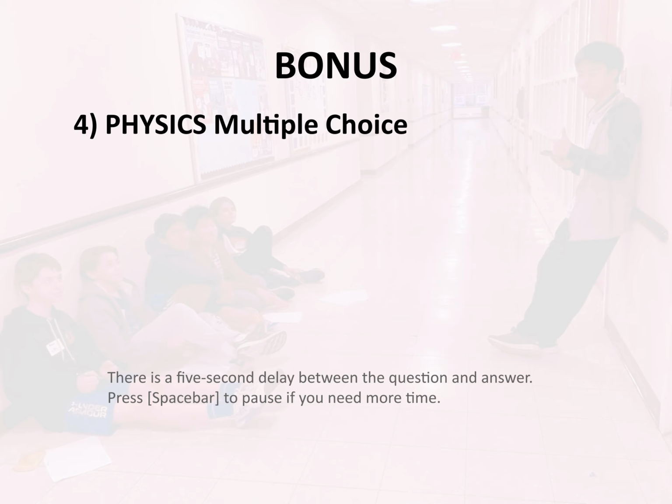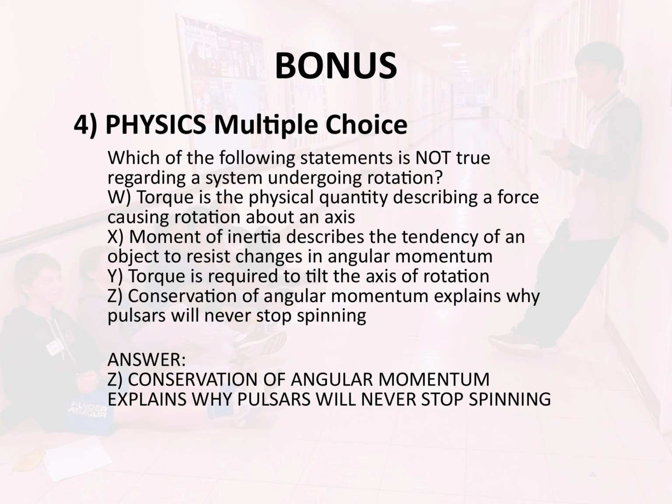Y. Torque is required to tilt the axis of rotation. Z. Conservation of angular momentum explains why pulsars will never stop spinning. Answer: Z. Conservation of angular momentum explains why pulsars will never stop spinning.